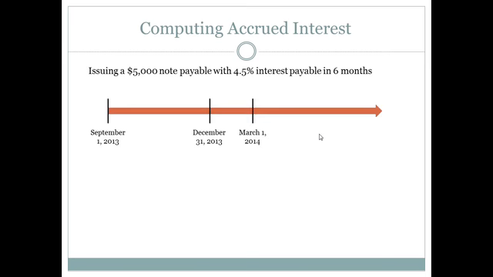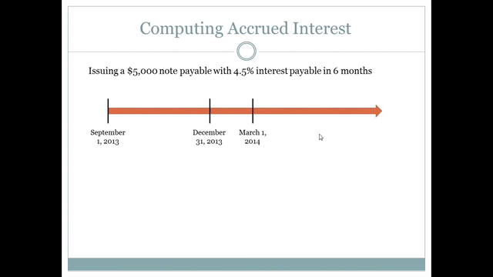So let's take a look at what's going to happen here in the context of a timeline. And we're going to assume that this company is going to issue the note on September 1st, 2013. Their fiscal year end is December 31st. And then the note will be paid March 1st, 2014. If they issue the note September 1st, then the note will be outstanding for the months of September, October, November, December, January, and February.